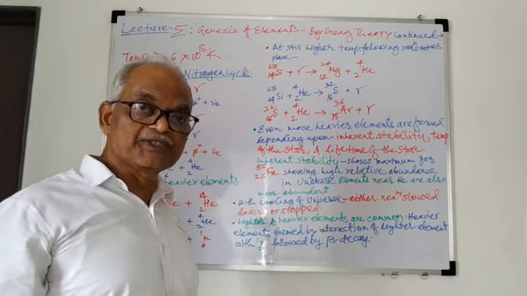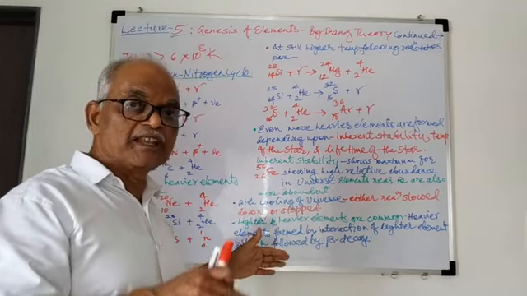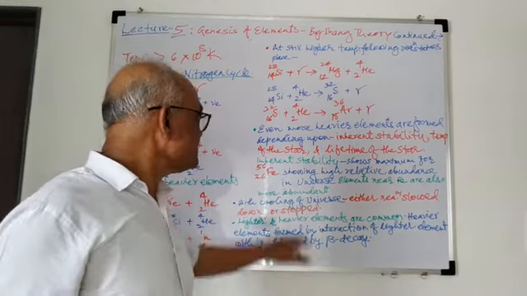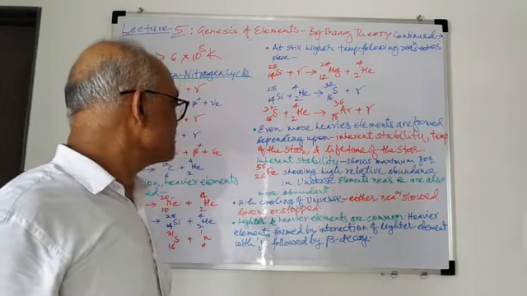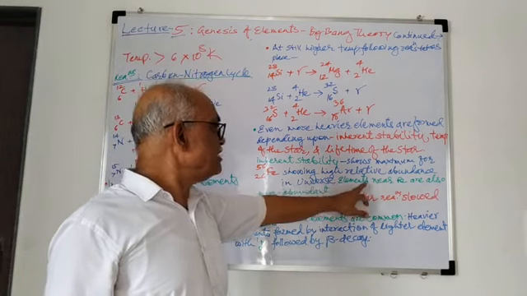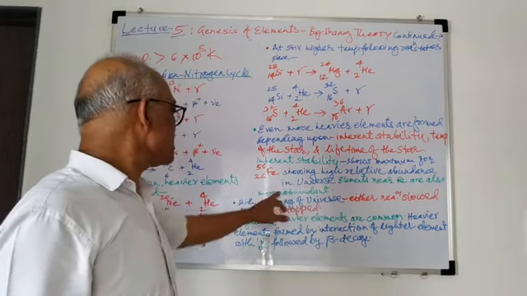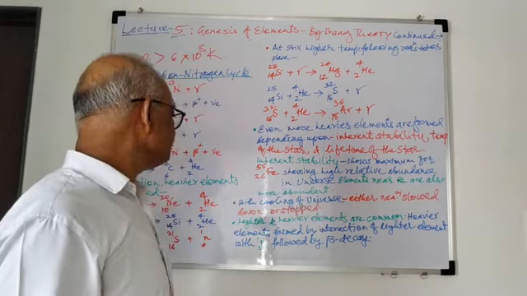But other elements near to this Fe in the periodic table are also showing relatively more abundance in the universe. So elements near Fe are also more abundant.